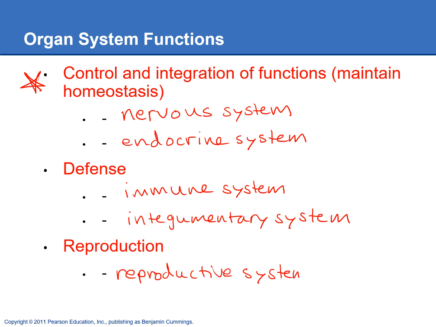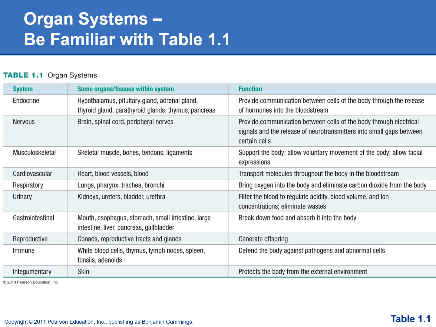Okay, so it would be pretty important to know the functions of these organ systems. And this is table 1.1 from your book that summarizes the 10 organ systems and gives you some examples of the organs and tissues within the system. But I'm really looking for the functions right now, just having the big picture, and we'll get into some of the more details later on as we go through each of these.